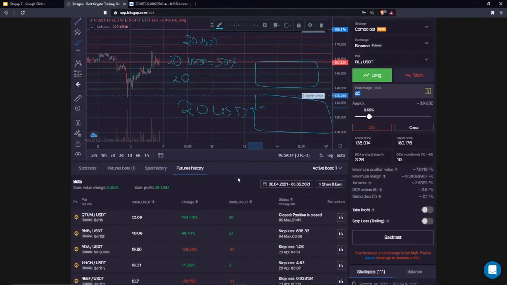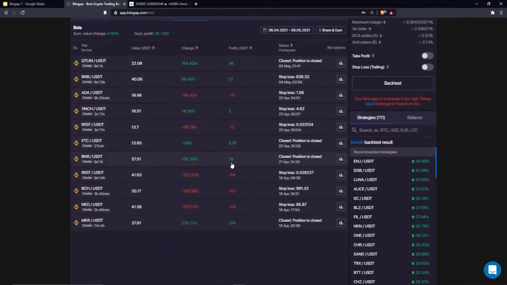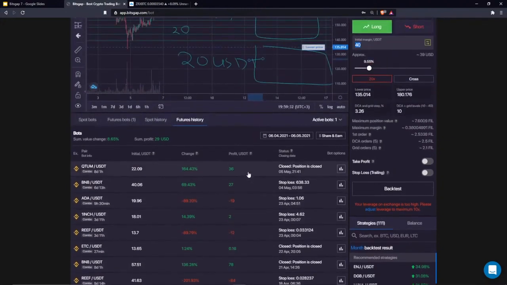That's why you can see some unfortunate cases where you lose double what you invested. In my case, 41 invested and I lost 84 in total. Same here, I invested 30 and I lost $60. So that's the thing about the combo bot: stop loss here is very crucial.